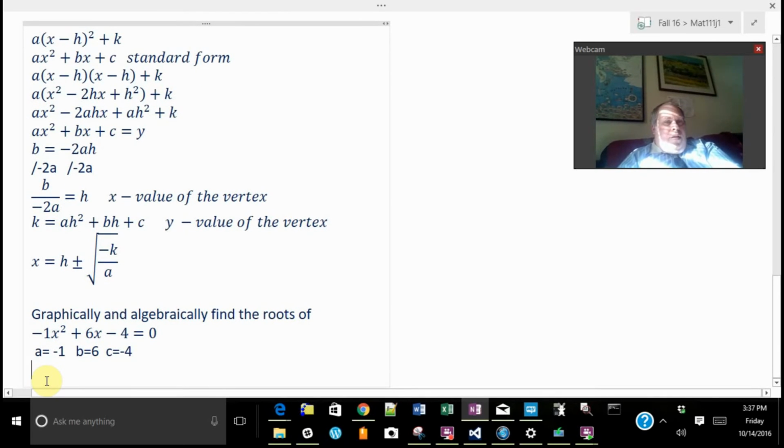So I'm going to do 6 divided by minus 2, parenthesize, very important, times minus 1, which is going to give me 3, which is h.